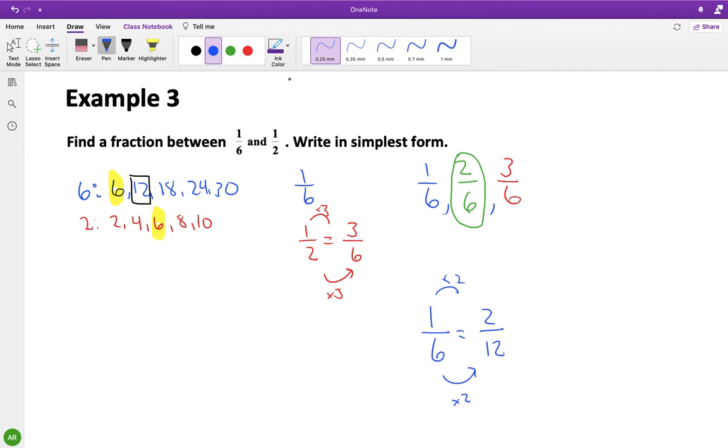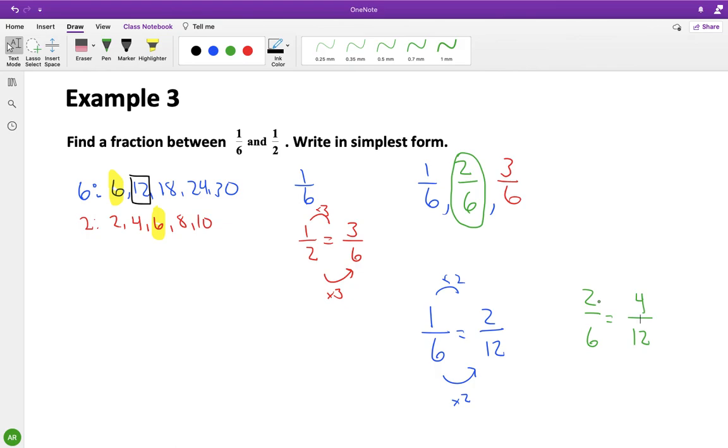All right, so if I want to do the same thing with the green number, once again, I can use the next counting number, and I can use 12. So I know that 2/6 is going to equal 4 over 12. In which case now we can once again determine that we can say that 3/12 is between 2/12 and 4/12. By the way, 3/12 would be 1/4.